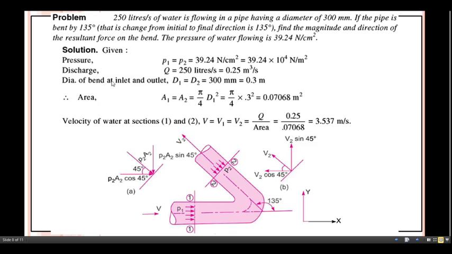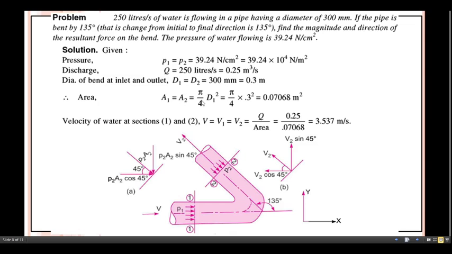Then the diameters of the bend at inlet and outlet, that is D1 and D2. Corresponding to section number 1 and section number 2, the value is 300 mm. We can convert that to meters by multiplying by 10 raised to minus 3, and we get 0.3 meter.